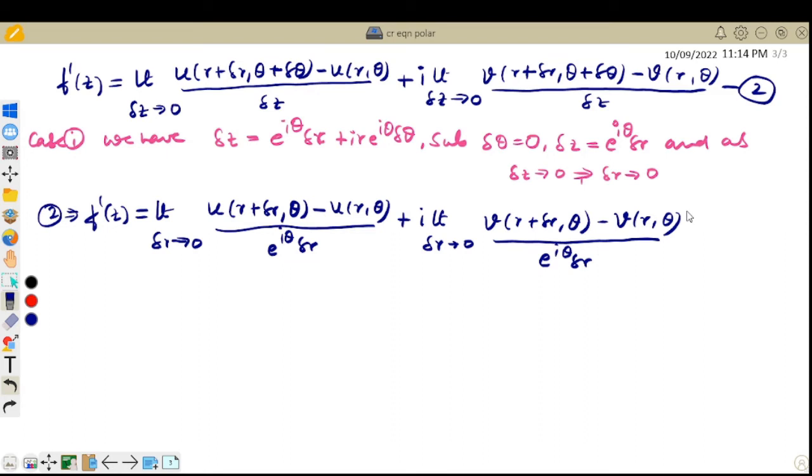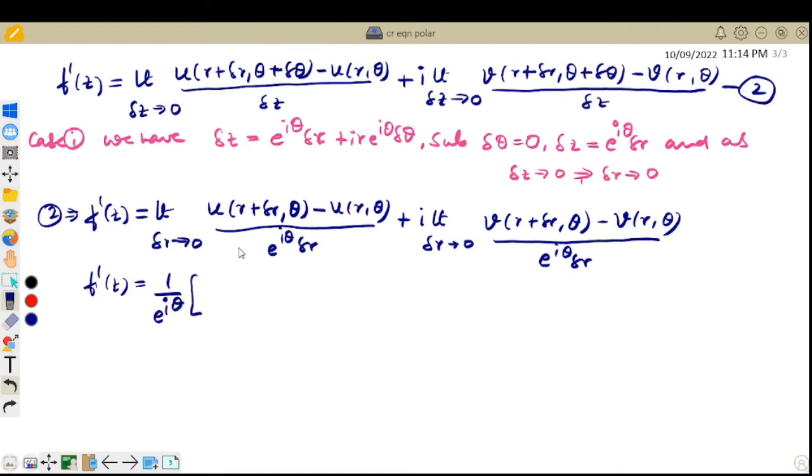And look at this expression carefully. That is f dash of z is equal to, in both the terms, 1 by e raised to i theta is common.